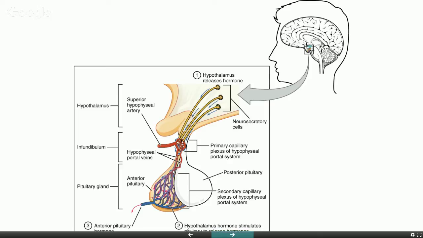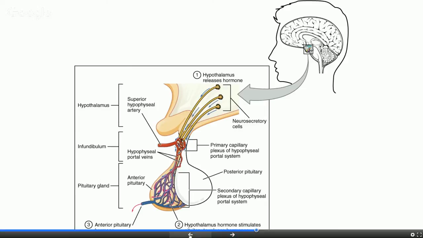Those blood vessels go down and surround the anterior pituitary, and the hormones that are released here just travel that short distance and affect the cells in here. The hypothalamus is releasing hormones that regulate the anterior pituitary, and then the anterior pituitary will release hormones that affect other parts of the body. Okay, and I'll have an example of that in a little while.